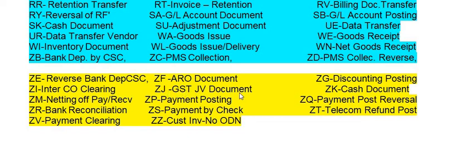ZJ is a GST JV document, ZK is a KS document, ZM is a netting of pay receipt document, ZP is a payment posting document, ZQ is a payment post reversal document, ZR is a bank reconciliation document, ZS is a payment by check document, ZT is a telecom refund posting document, ZV is a payment clearing, ZZ is a customer invoice no ODN document.